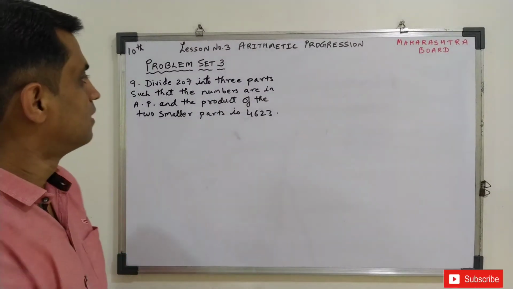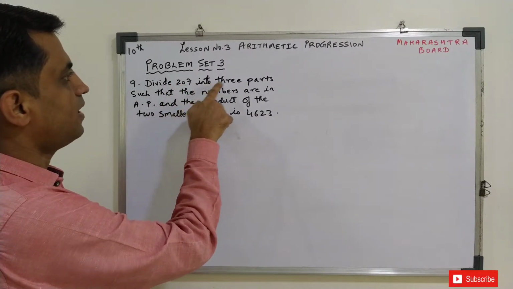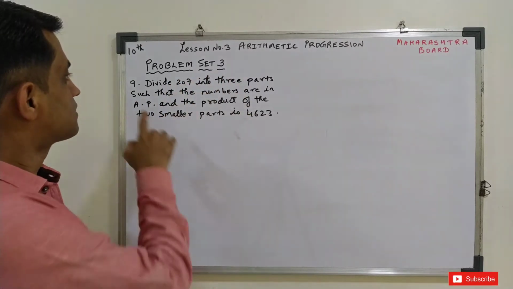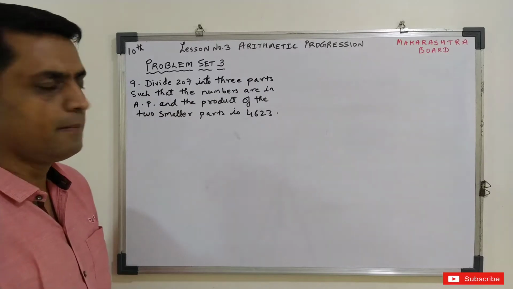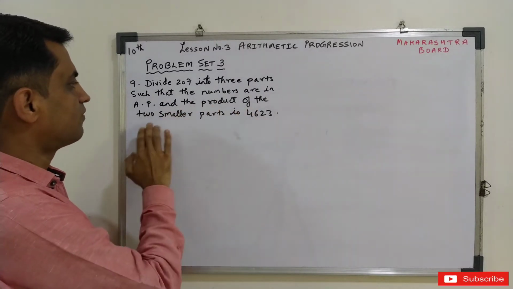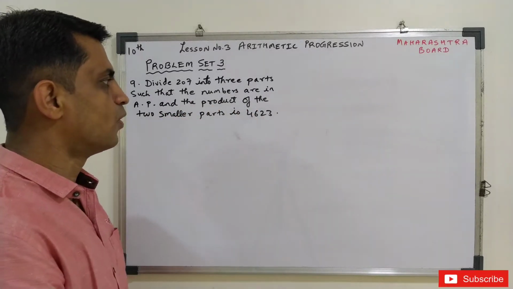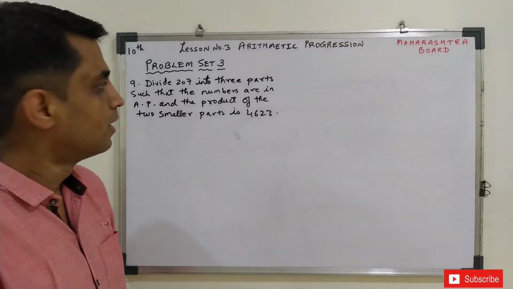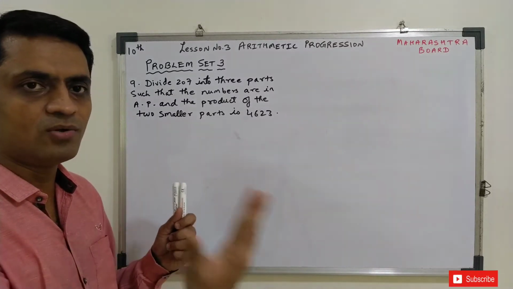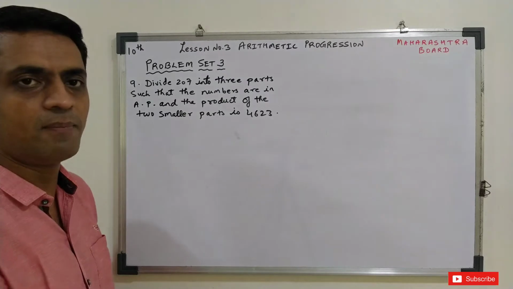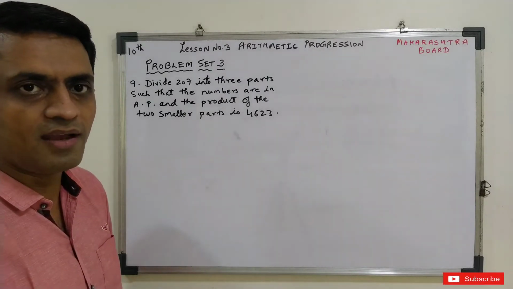9th sum students: divide 207 into 3 parts such that the numbers are in AP and the product of the two smaller parts is 4623. Now we have to divide 207 into 3 parts which should be in AP. Now we don't know those 3 numbers.